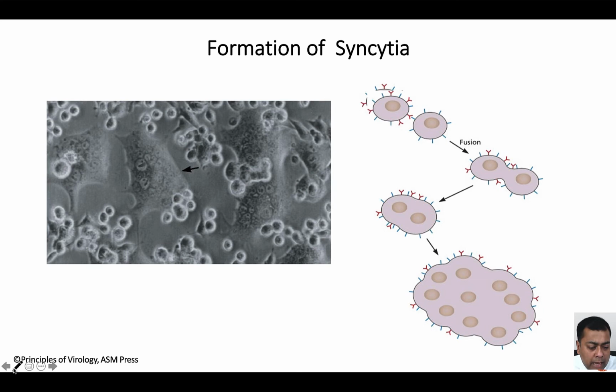Let's take a look at this for a second. If we look at the picture of the cells, you can see that these are round cells which are showing the cytopathic effect, and they have a round refractile ring around them. But right here, if you look at this cell, this is a giant cell, and you are seeing the nuclei which fused together.